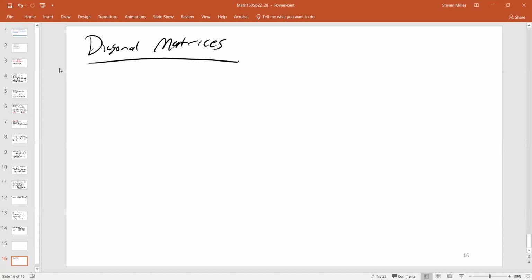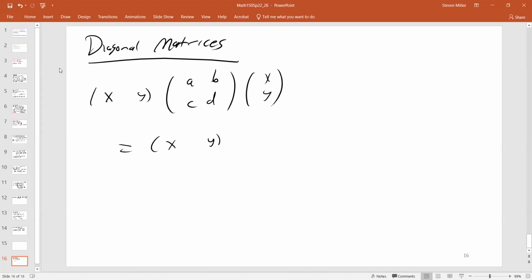So has everybody seen how to do matrix multiplication? So if I have x, y, times the matrix a, b, c, d, times x, y, this becomes, for the first entry, ax plus by.